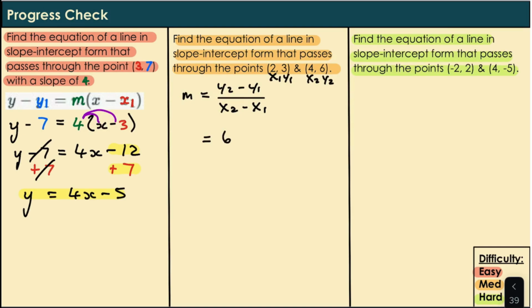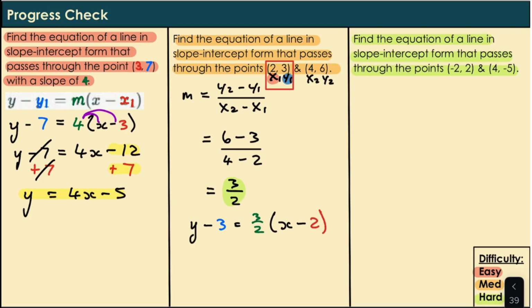Our y2 value is 6, we subtract y1, which is 3. Our x2 was 4, and we subtract x1, 2. Our numerator is 3, our denominator is 2. So we have our slope value. Let's use point-slope form. We have our gradient, and we have our x1 and our y1. Let's substitute into our formula.